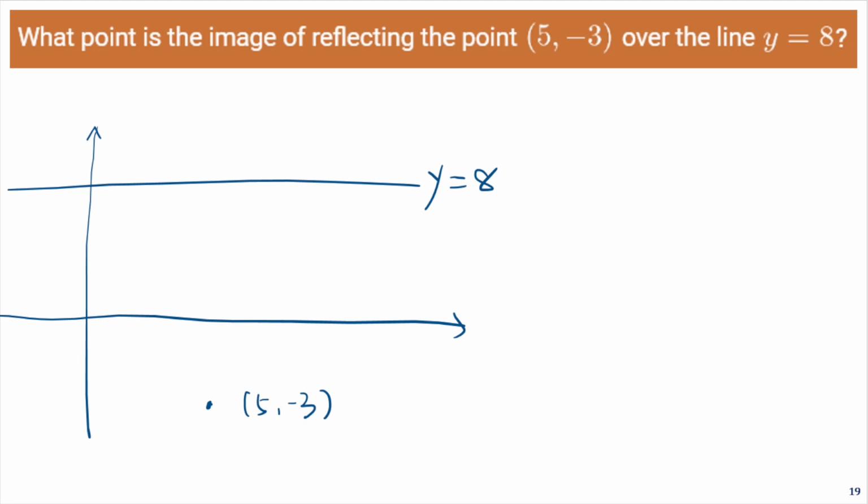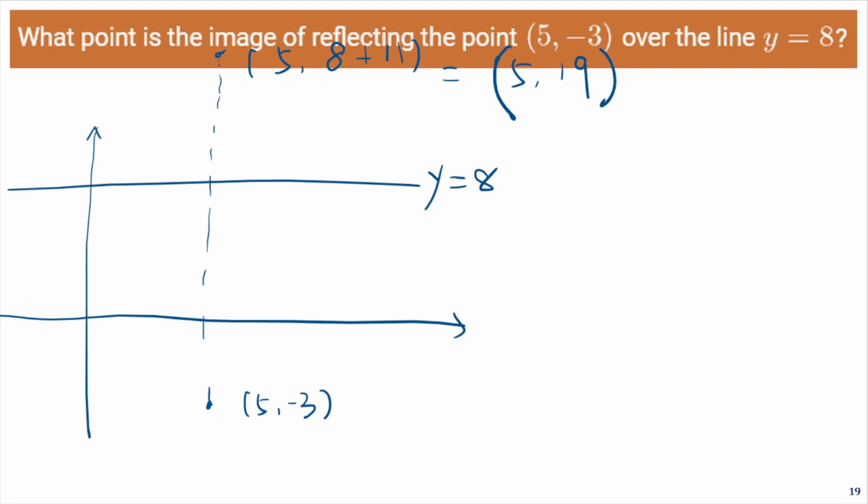Therefore, the image of (5, -3) upon reflection over the graph of y equals 8 is somewhere here with coordinates (5, 8 plus 11), which is (5, 19), right?